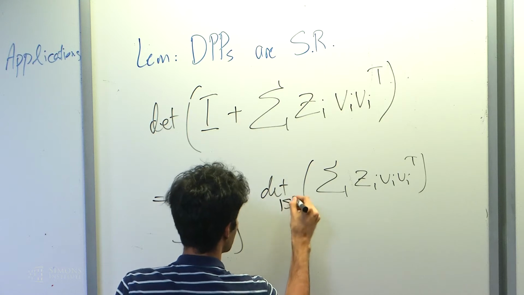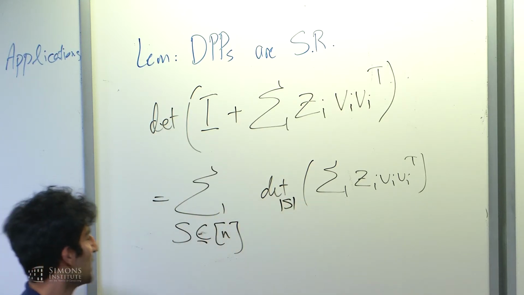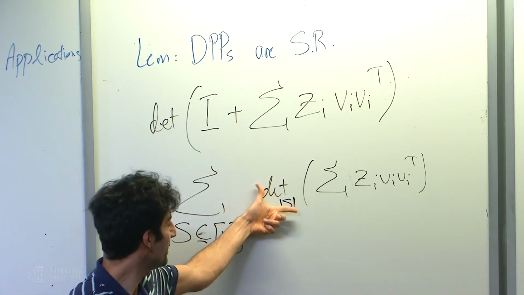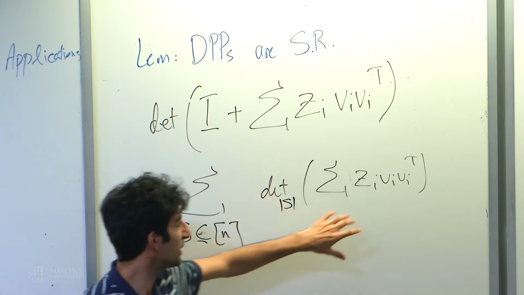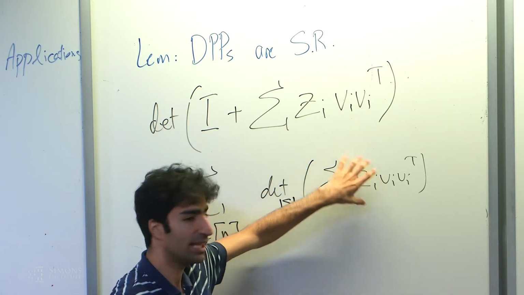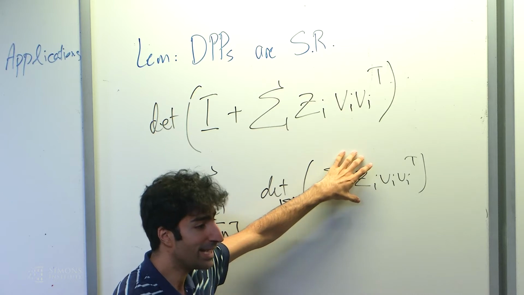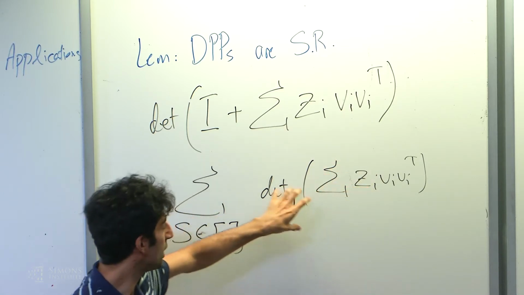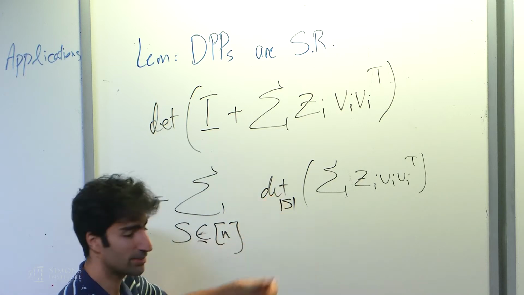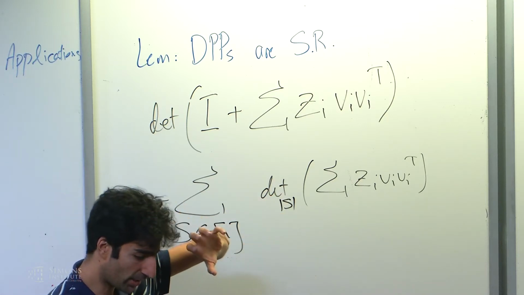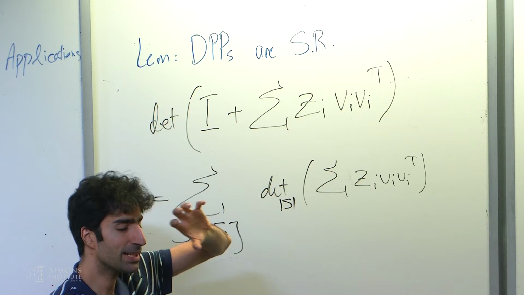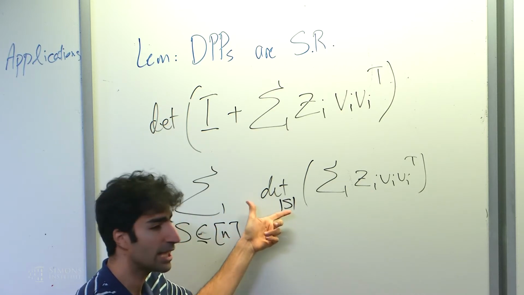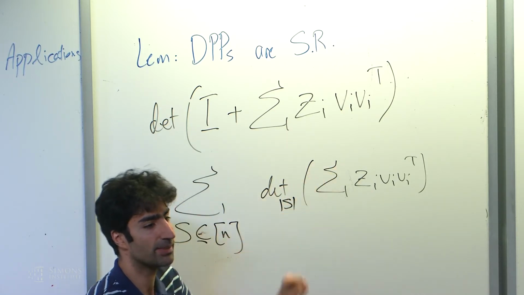So what I mean by this notation is that these vectors I have here, let's say I have k vectors here, and k is less than n, then the determinant of this is 0, but you don't compute the determinant. This object means that you compute the summation of the determinants of all k by k principal minors of this matrix.